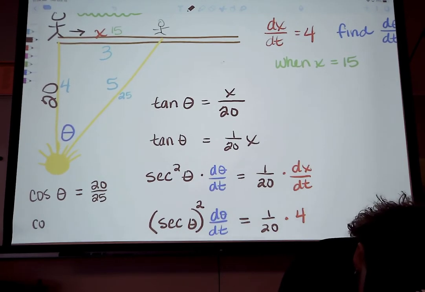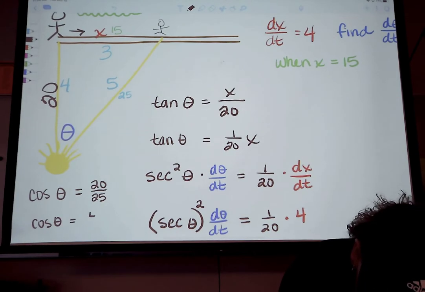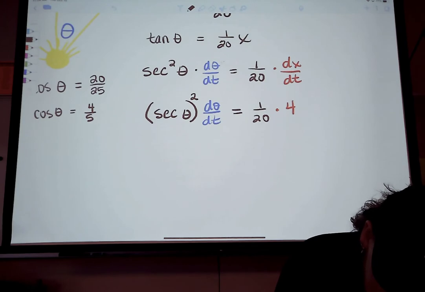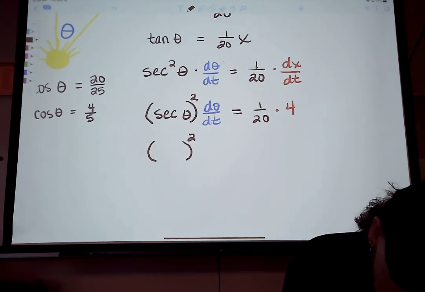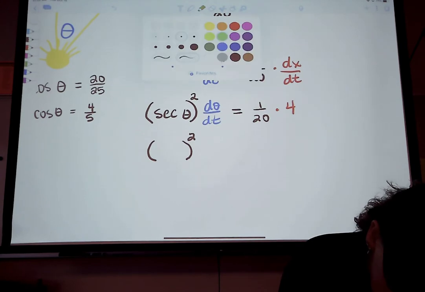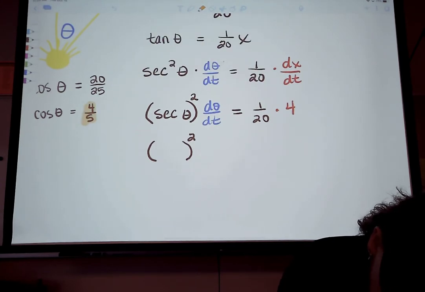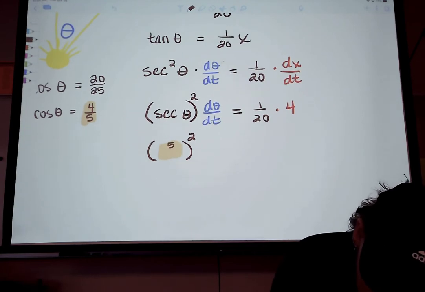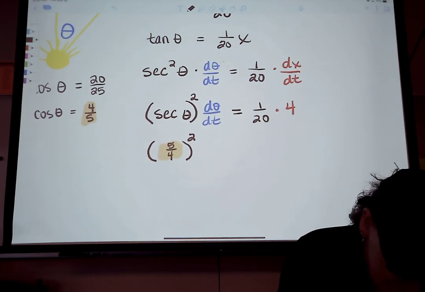So my cosine fraction is 4/5. Ready? That means the secant fraction that you will insert in here is 5/4.